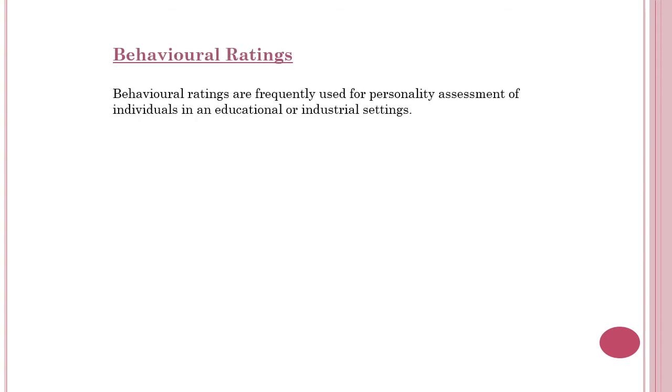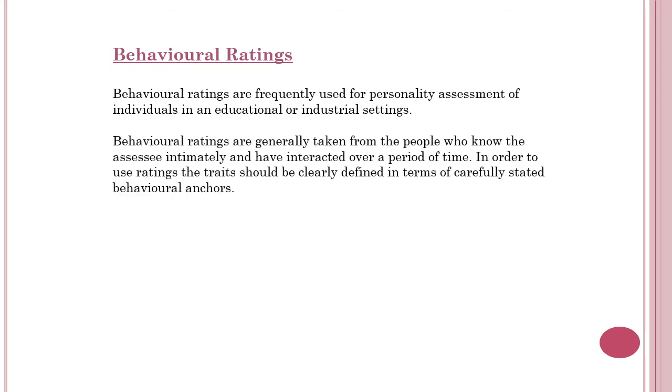Behavioral ratings. Behavioral ratings are frequently used for assessment of personality in educational and industrial settings. Behavioral ratings are generally taken from the people who know the assessee intimately and have interacted over a period of time.